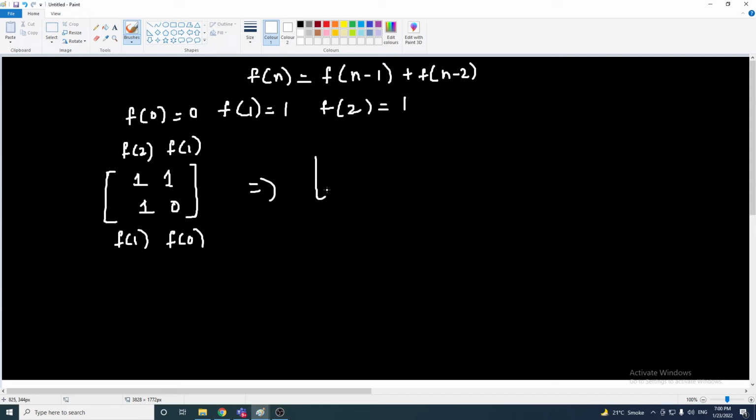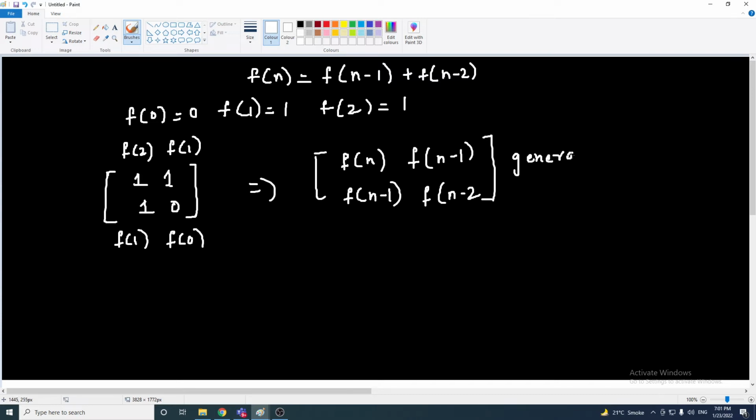The generalization of this matrix is f of n, f of n minus 1, here it would be f of n minus 1, and this term is f of n minus 2. So this is the generalized Fibonacci matrix.